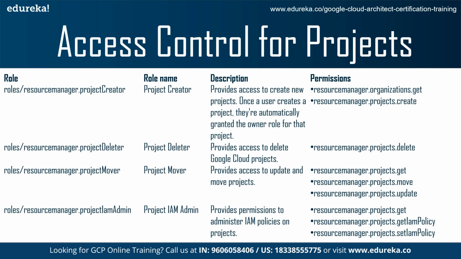For the role name Project Creator, you can see that it provides access to create new projects. Once a user creates a project, they are automatically granted the owner role for that project. Then you can see the specific permissions for it, like resourcemanager.organizations.get. Similarly, for Project Deleter, Project Mover and Project IAM Admin, specific permissions are there, and you can see the descriptions also for them.